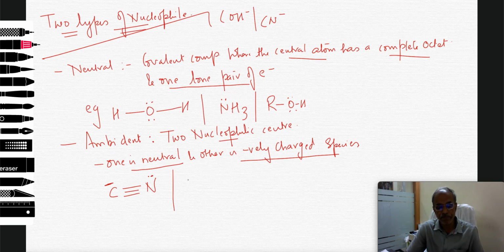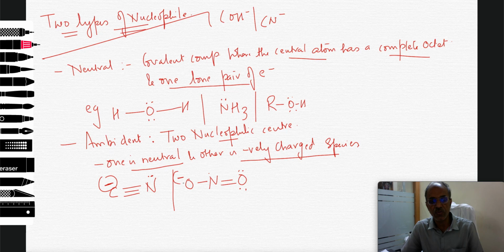Or else you can say O minus N double bond O. This is minus and this has a lone pair of electrons. In neutral, it is a complete octet and one lone pair of electrons. Here, a lone pair of electrons, which is neutral, and a negatively charged species also. So this is an ambident nucleophile.